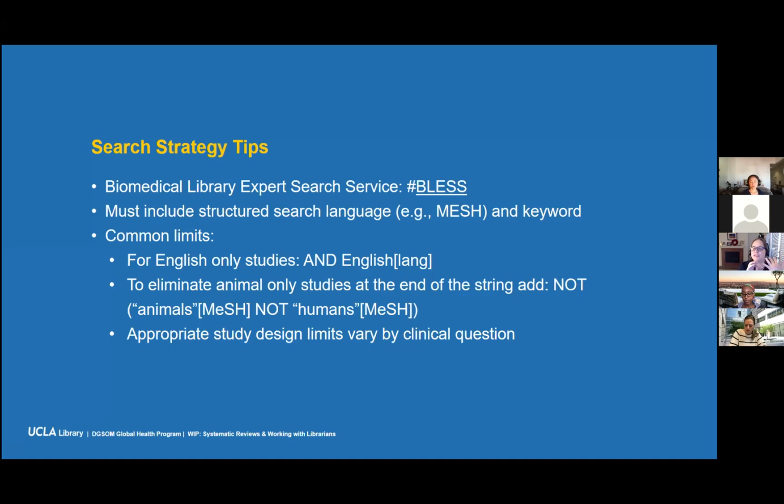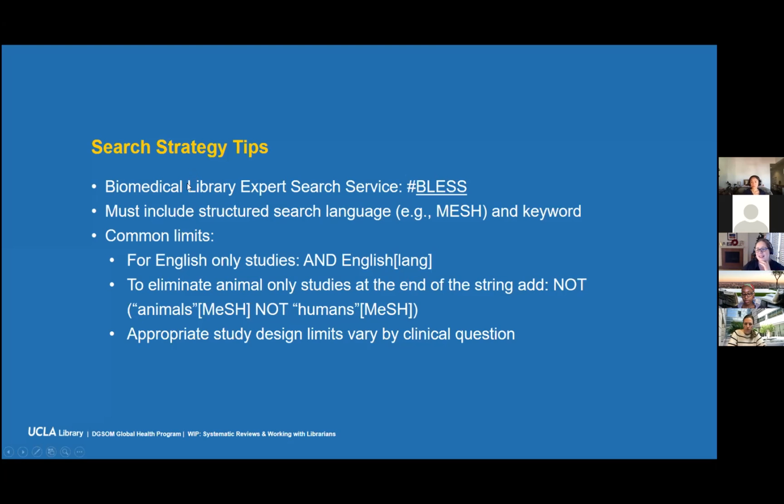So we have librarians who are experts in public health, in medicine, in nursing, in basic sciences types of protocols, and we have a group of us who have been trained to provide systematic review support. And so we can see what you've submitted and assign the appropriate librarian to work with you on your time frame.